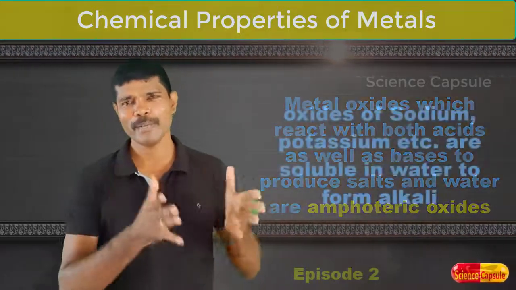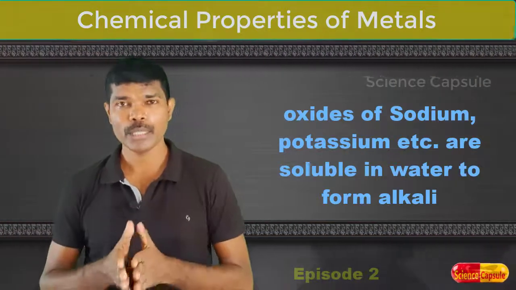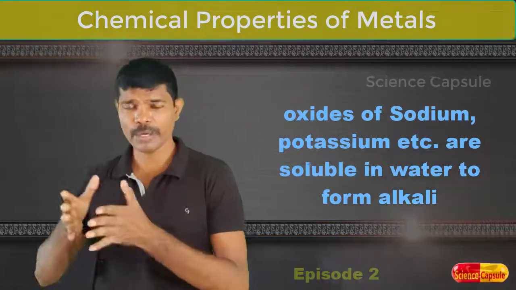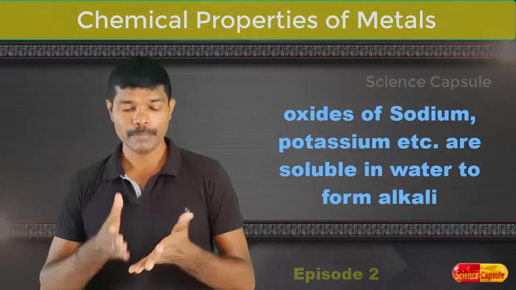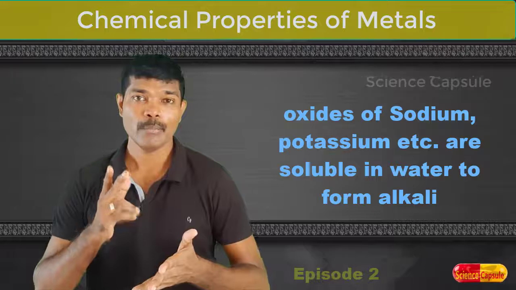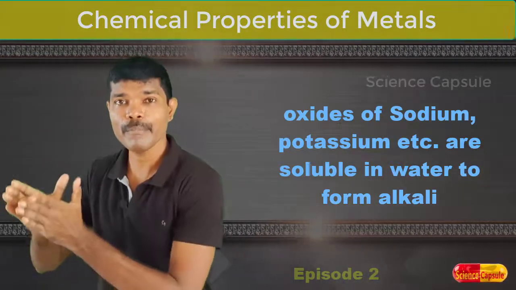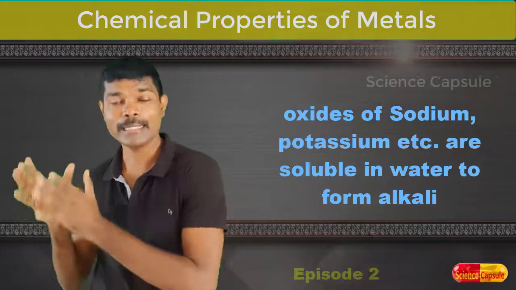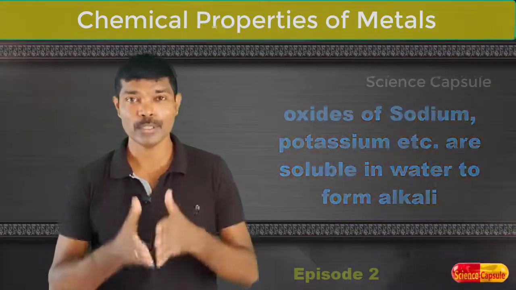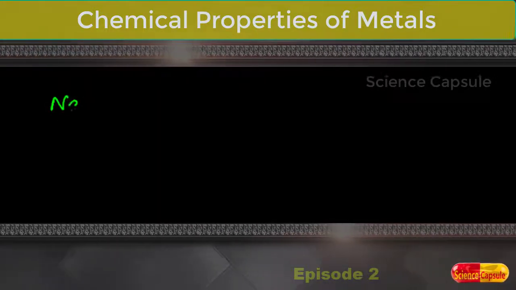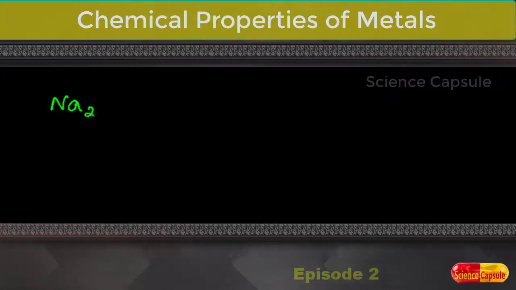Dear students, most of the metal oxides do not react with water or dissolve in water. Some of the metal oxides dissolve in water and form alkali, which is a base. For example, sodium oxide and potassium oxide. All these can dissolve in water and form alkali, which acts as a base. Let us see how these metal oxides react with water. So here sodium is the metal, and when it reacts with oxygen we get sodium oxide.